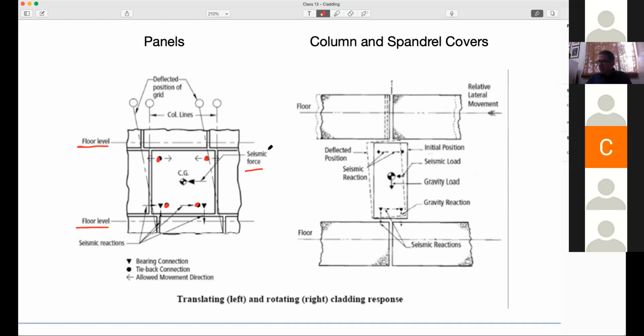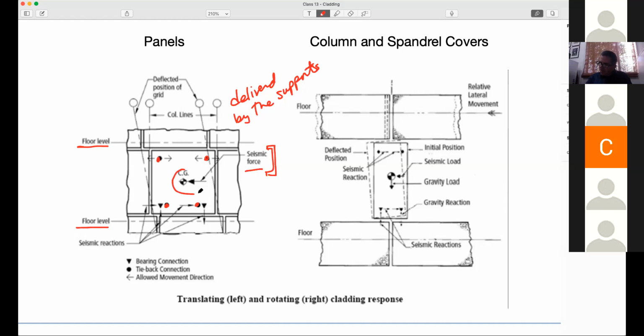This also, we're going to talk about here in just a second, where those forces come from, right? Those seismic forces. And then those seismic forces get delivered by the supports. Right?